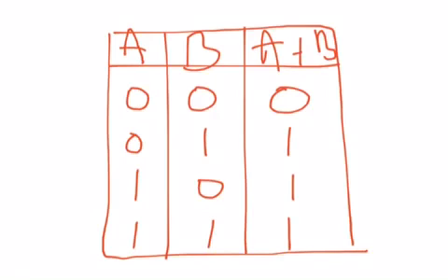Or if both the inputs are 1, it is also 1, but if both the inputs are 0, the output is 0. That means to have an output of 1, one of the inputs must be 1, or both inputs are 1. That type of condition can be exhibited by this OR gate.